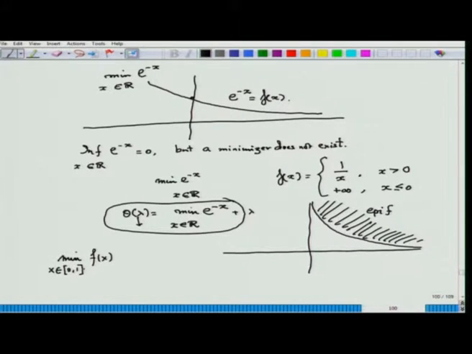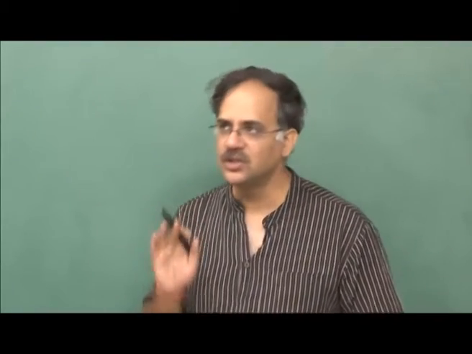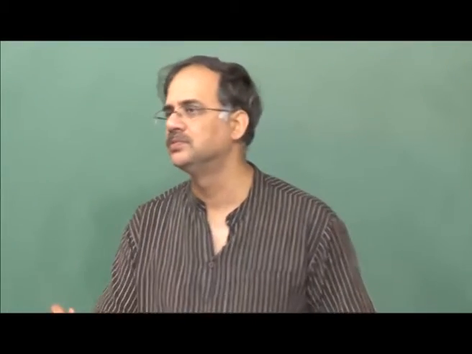Then of course, you observe the same thing happens: as x becomes larger, the function value rapidly goes towards 0, but it never reaches 0. There is no point x for which 1 by x becomes 0.